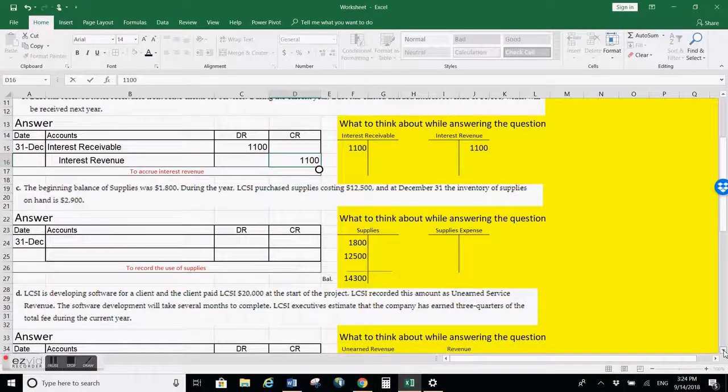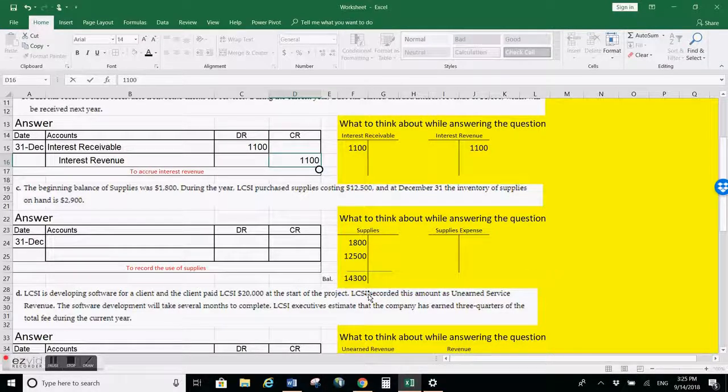All right. On to C. The beginning balance of supplies was $1,800. During the year, we purchased supplies costing $12,500. Those would be in our supplies account. And now we realize, here we are, December 31st, and we only have $2,900 left on hand.